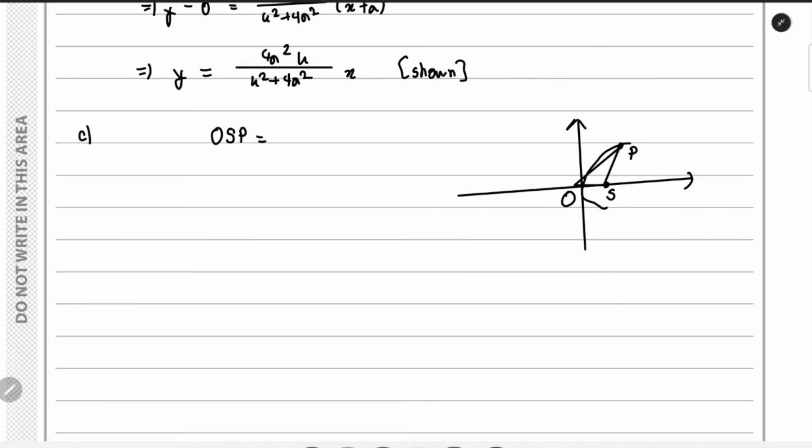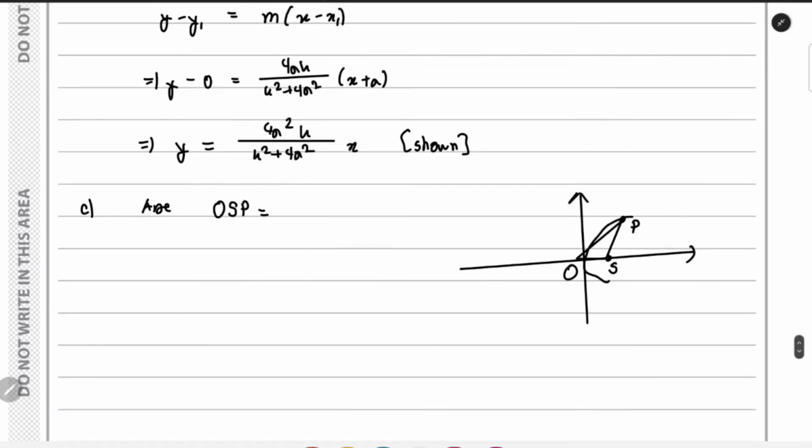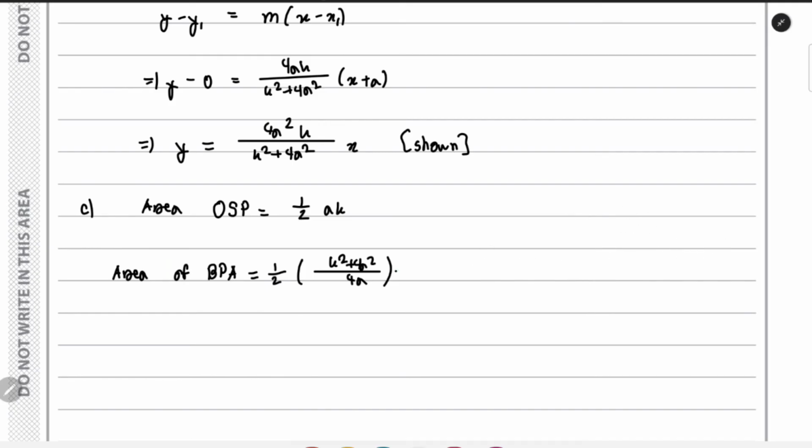The area of this will be half into ak, and the area of BPA will be half times k square plus 4a square by 4a multiplied by k minus 4a square k over k square plus 4a square here.